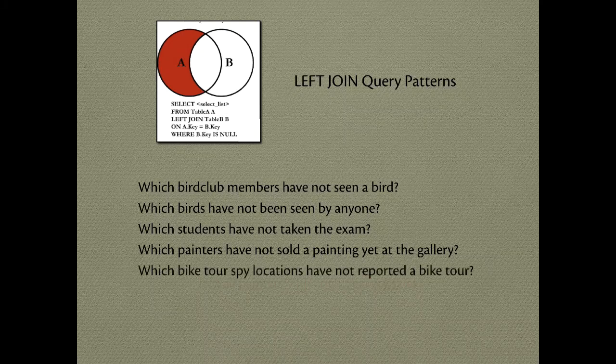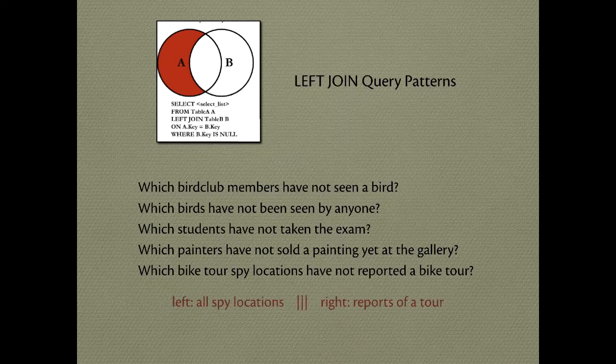Now here's one that we did, right? If you're working along, this was one of the examples that we used when we were designing the database table. And so which bike tour spy locations have not reported a bike tour? Well, we kind of know how that's going to work now too, right?